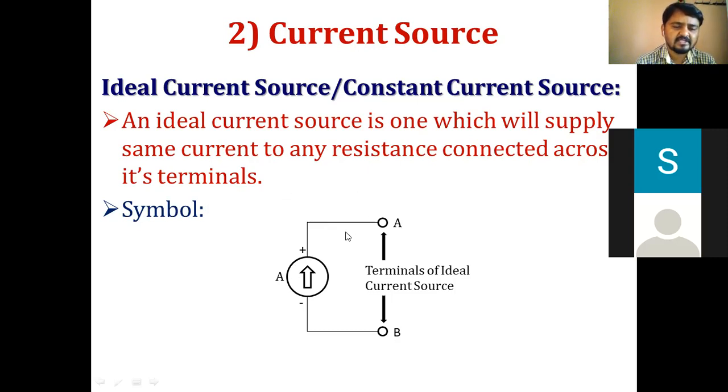Wherever you connect the resistance, it will give the same current, because its internal resistance is zero. This is the symbol of the ideal current source: in a circle, one arrow.